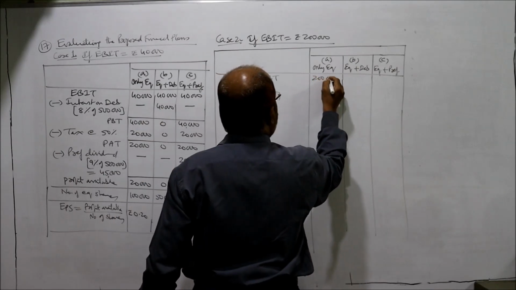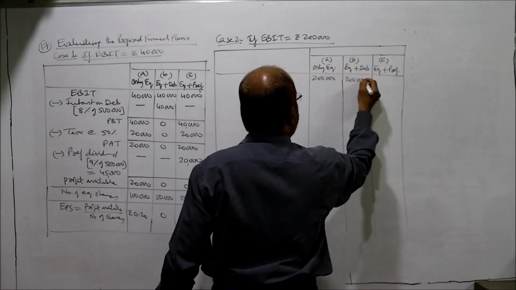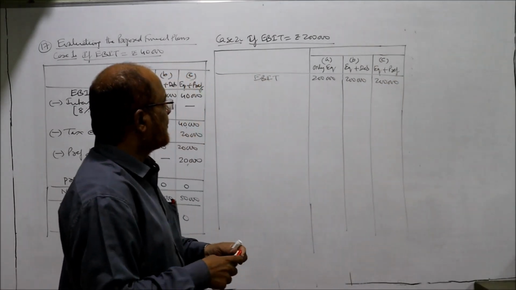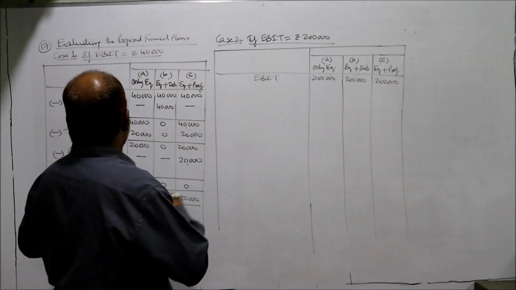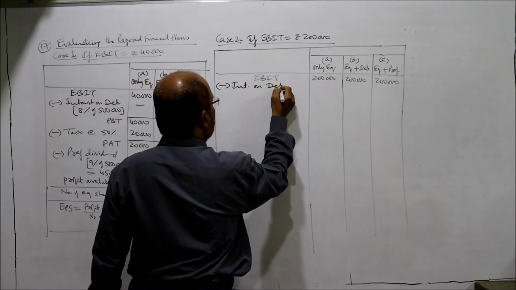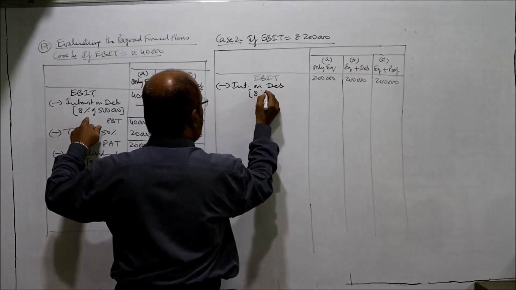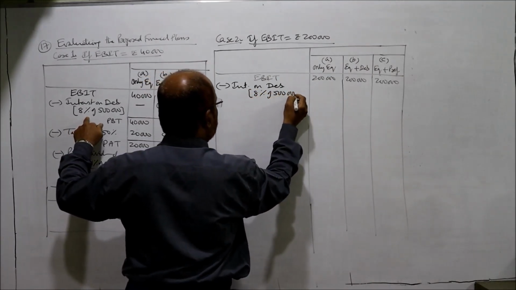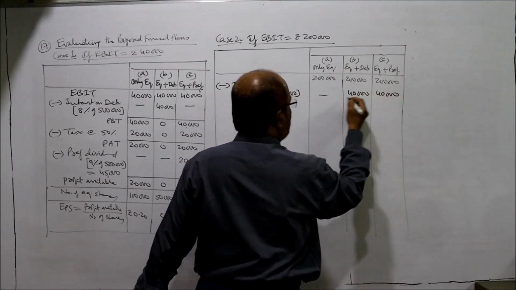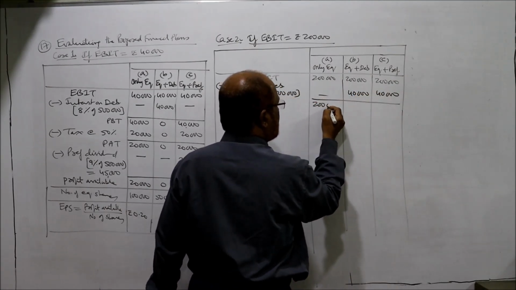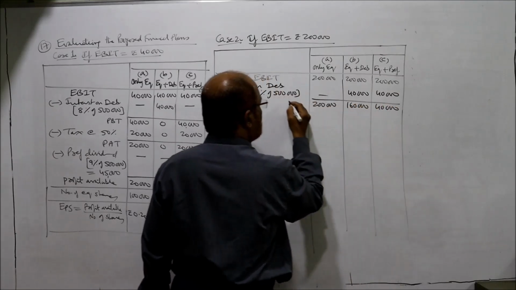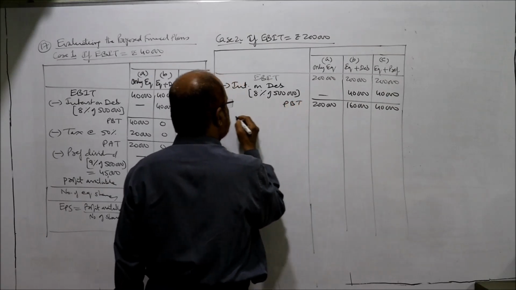EBIT is 2 lakhs. Now we take interest on debentures. Same 8% of 5 lakh, 40,000. So it will become 2 lakh, 1 lakh, 60,000, 40,000. This is PBT.